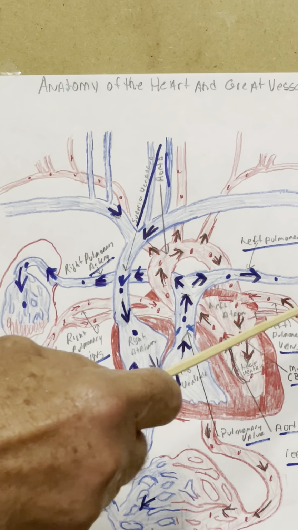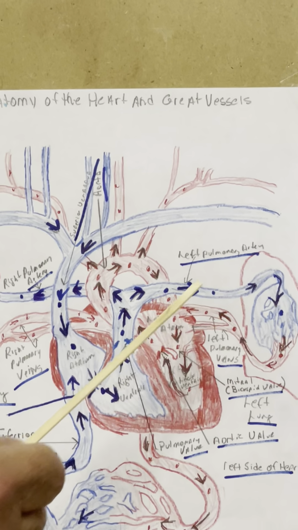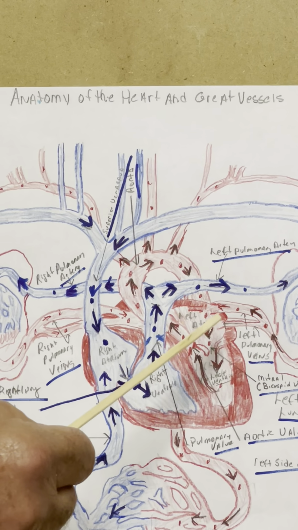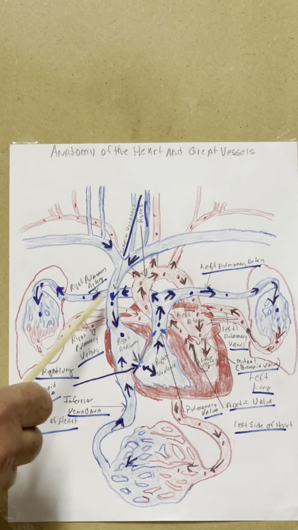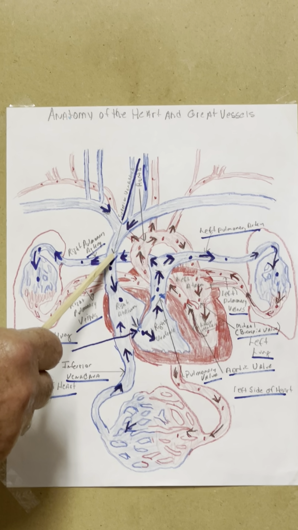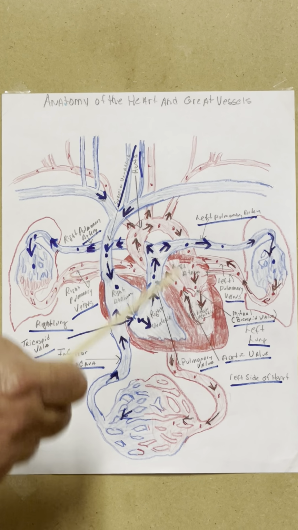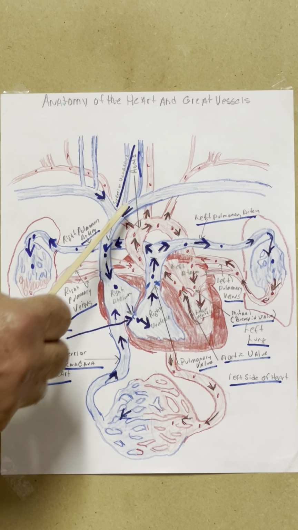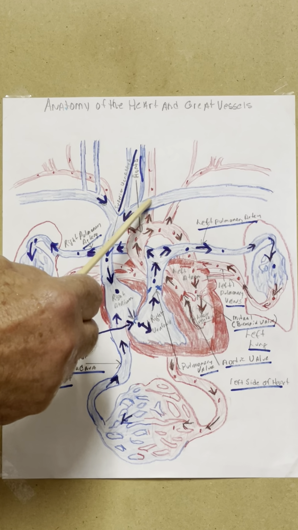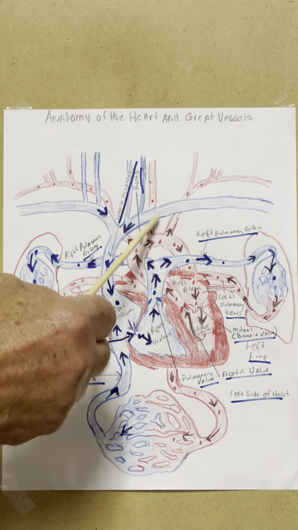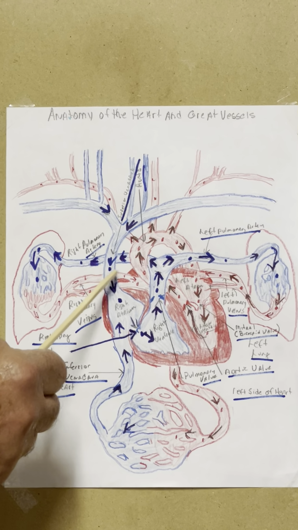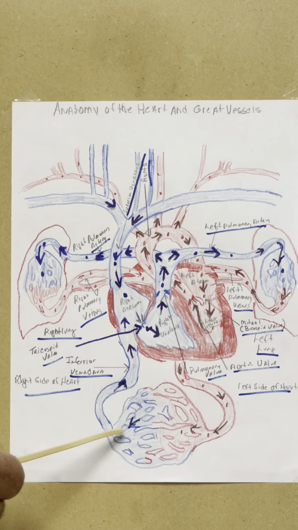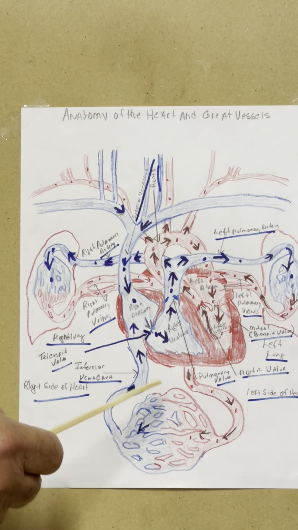So knowing these are the lungs and this is the heart, we also have the superior vena cava here, which is the main vein in the body, and then we have the inferior vena cava. The superior vena cava brings venous blood, deoxygenated blood, back into the heart, and so does the inferior vena cava.